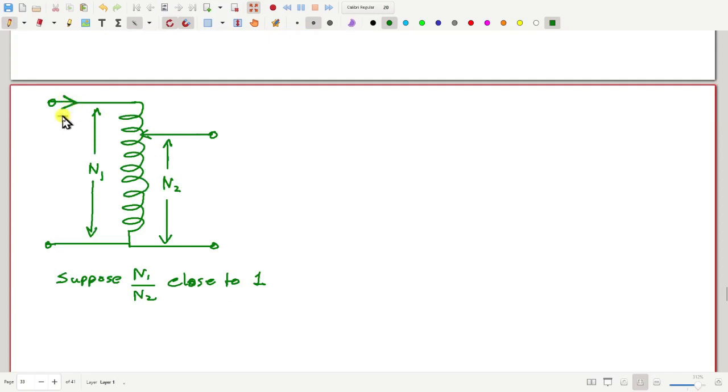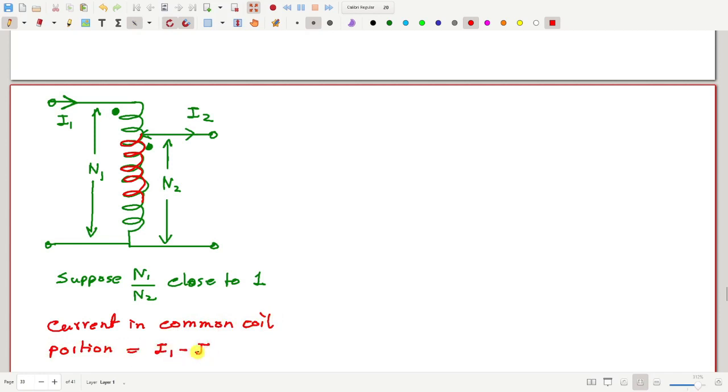Then if this current is I1 and the dots are like this, and this current is I2, how much current is flowing in this common portion? The current in the common coil portion is I1 minus I2.